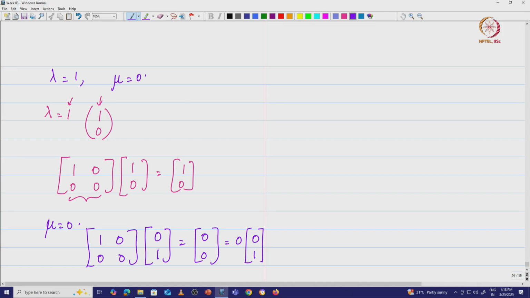We will try to understand this a bit better. Any vector on the y axis is going to get projected to the 0 vector. When you have this corresponding to mu, any vector that you have on the y axis gets projected onto the origin.